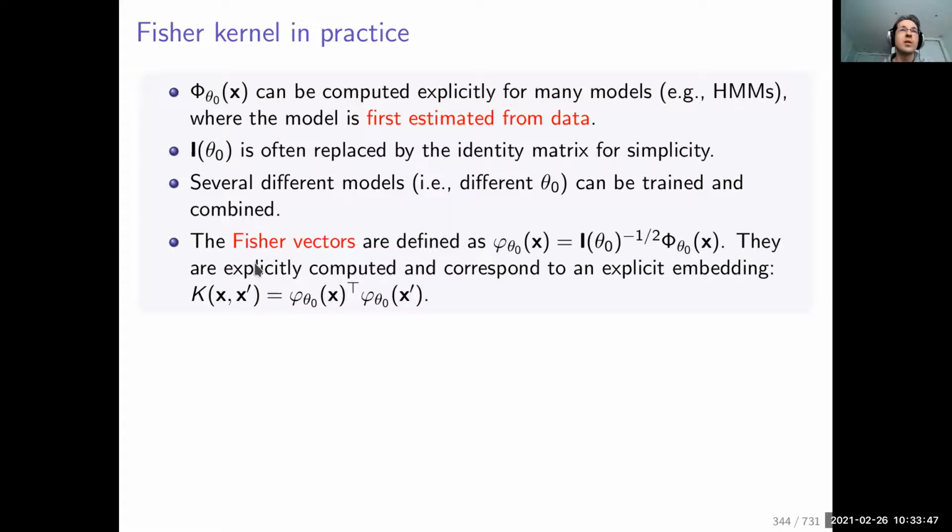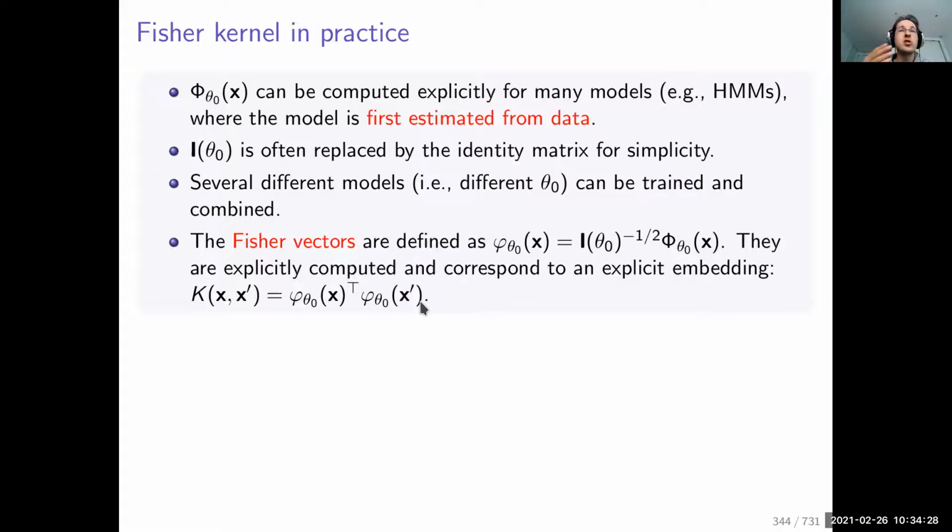At the end, the Fisher vectors, well, I was a bit confusing in the terminology I used, because I should have said Fisher score vectors before, which were the phi theta 0 of x without the Fisher information matrix. What we formally should call Fisher vectors are the explicit embedding of the Fisher kernel, meaning the vectors such that k of x and x prime is an inner product between the small phi theta 0 of x and phi theta 0 of x prime.